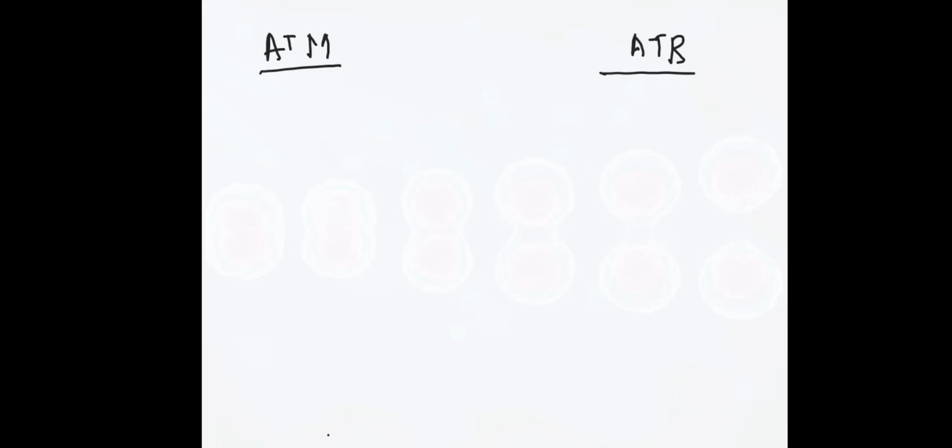ATM responds to double-stranded breaks. The ATR pathway responds to single-stranded breaks. At the molecular level, the DNA damage response involves three components: DNA damage sensors, signal transducers, and effectors. First, the sensor comes into the picture.